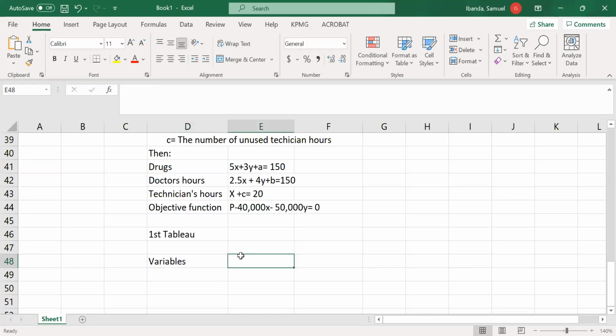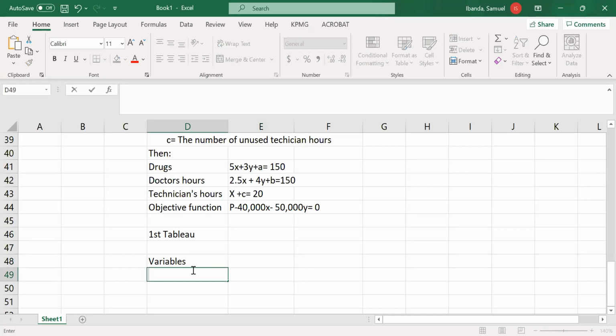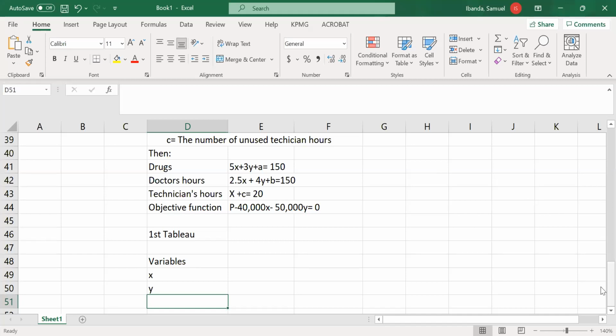The variables we have in this case are x, y. Then we have our so-called slack variables, because I want to have the last ones.